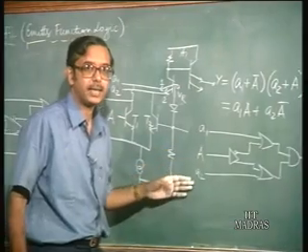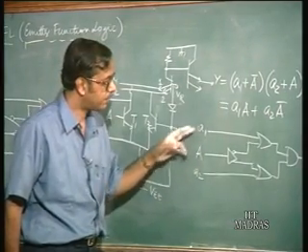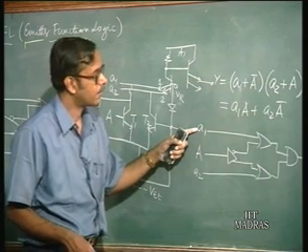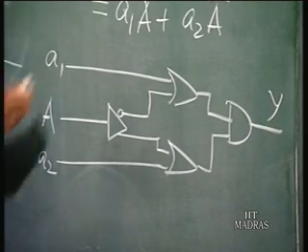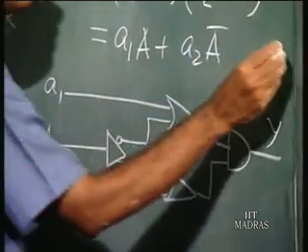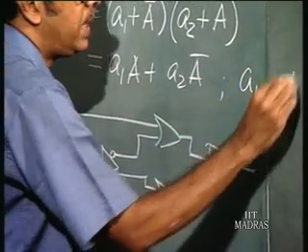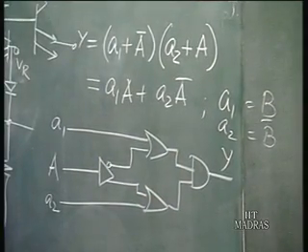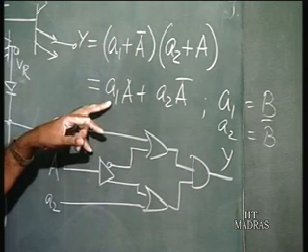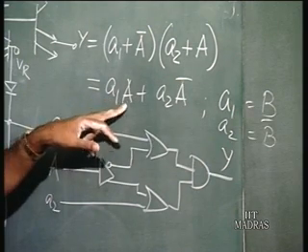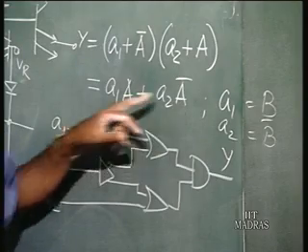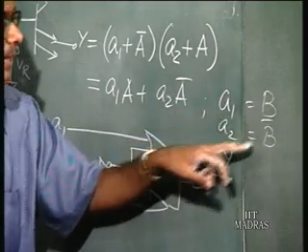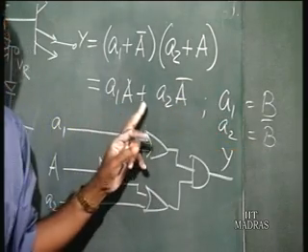We can come back here, all right. Now, if we go back here, if A1 is equal to B and A2 is equal to B bar, what you get is in fact an exclusive NOR gate, that is you get AB plus A bar B bar, and if A1 is B bar and A2 is B, you get an exclusive OR gate.